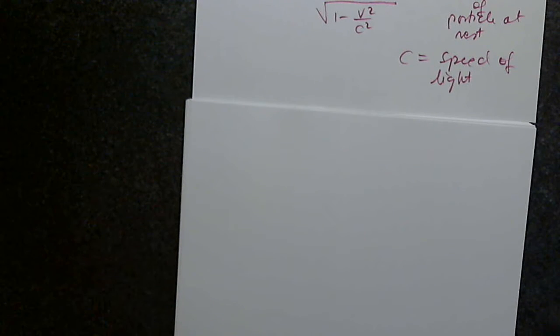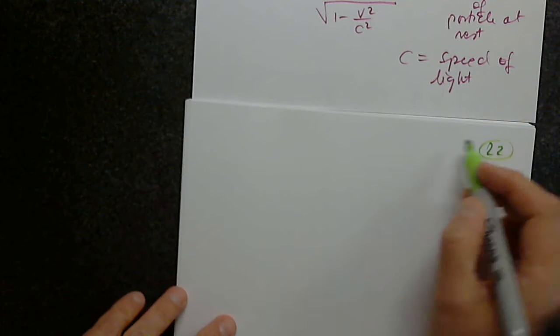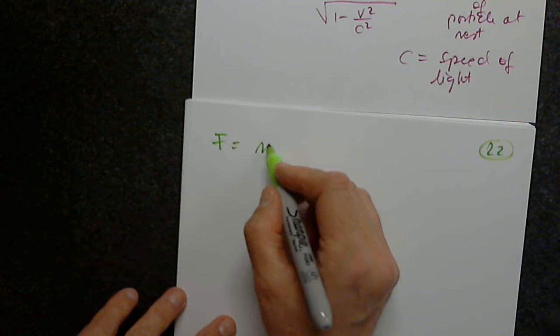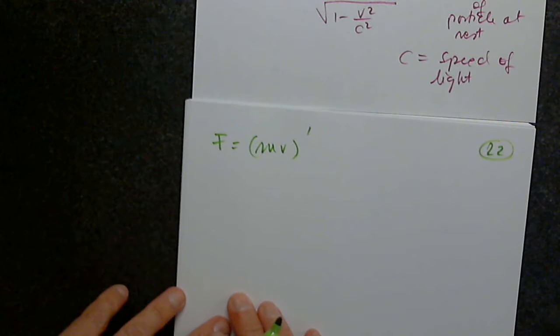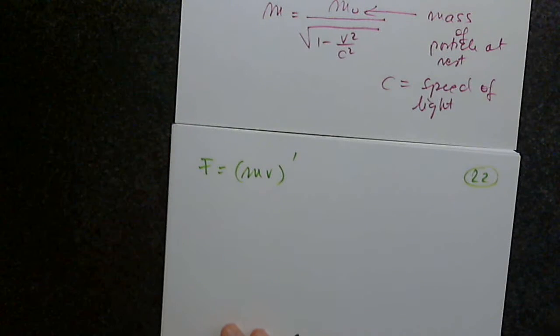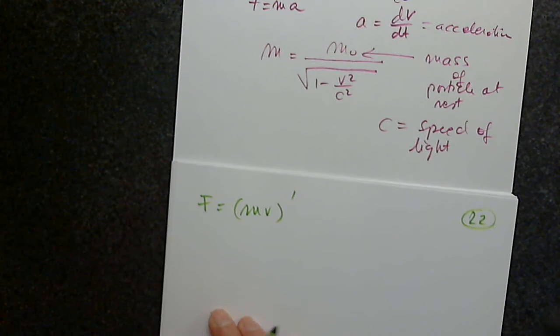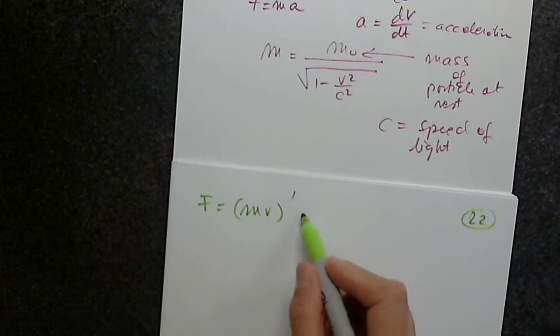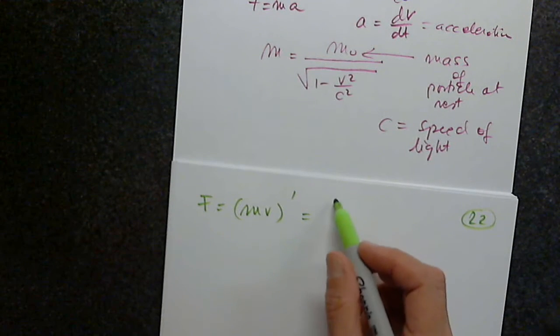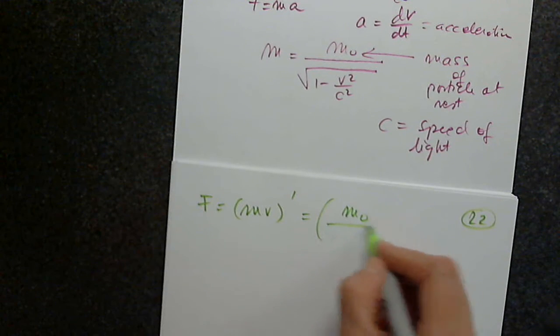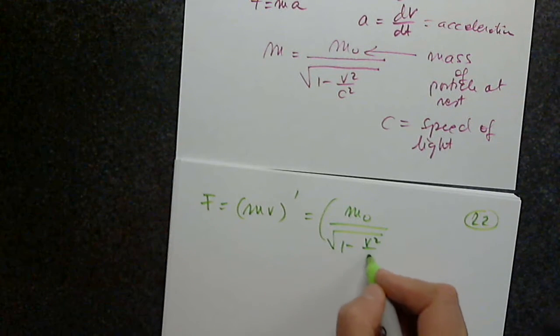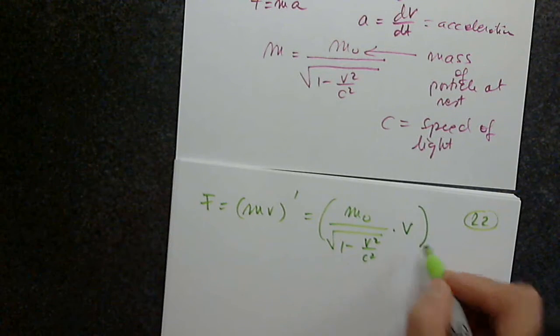Ready? So F is the derivative of m times v with respect to time. And we know that dv over dt is going to be the acceleration. So this is the same with m, which is m0 over the square root of 1 minus v squared over c squared, times v.